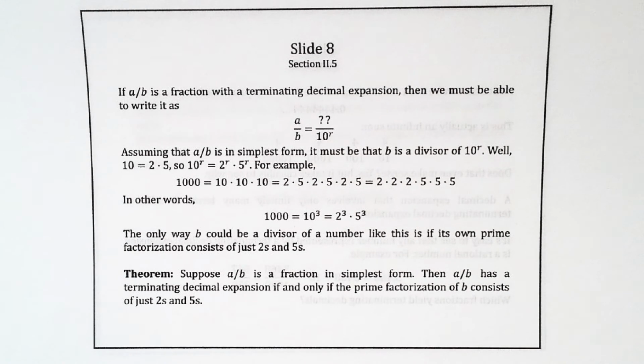So our partial answer at this point is that a fraction a over b in simplest form has a terminating decimal expansion if and only if the prime factorization of b consists of just 2's and 5's. So that would be like 2, 4, 5, 20, 8, and 40. Those are all products of just 2's and 5's.